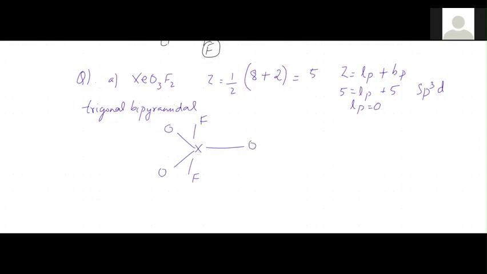And the shape is the same as the geometry because lone pair is equal to 0. Okay, I hope till now everything is clear.